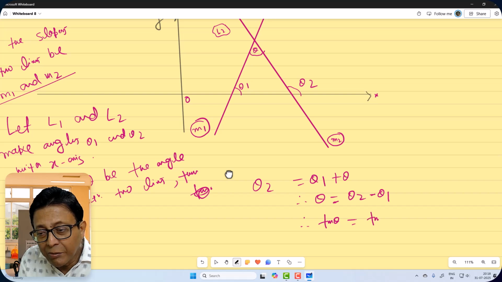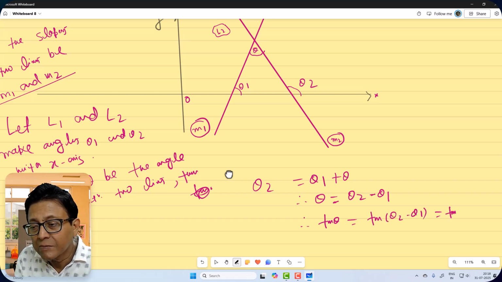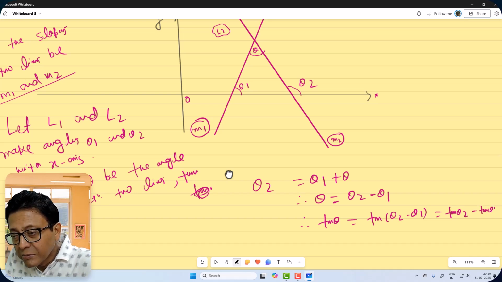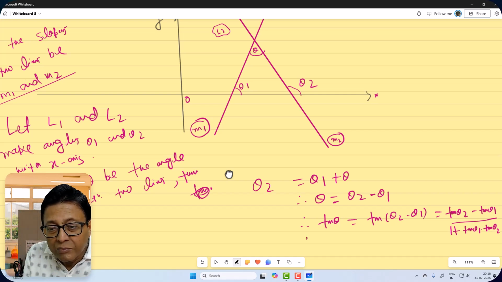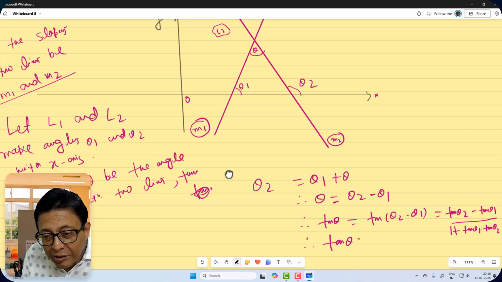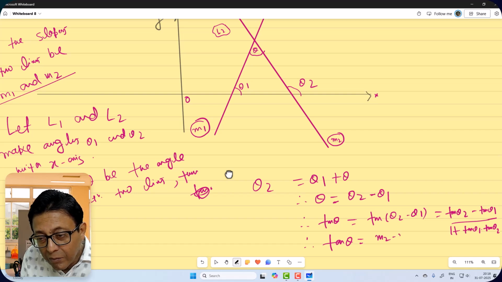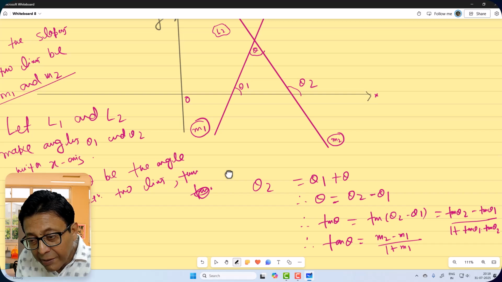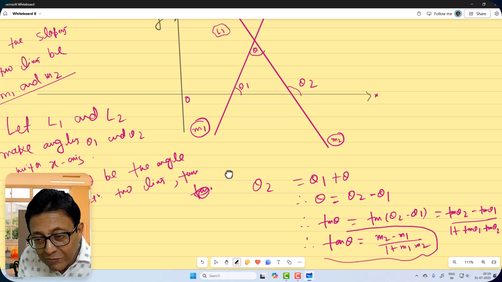So tan theta will be what? Just take tan of both sides. Tan theta 2 minus theta 1 by 1 plus tan theta 1 tan theta 2. Okay. So tan theta is going to be m2 minus m1 by 1 plus m1 m2.